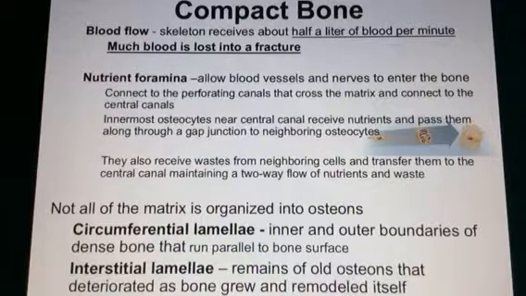The innermost osteocytes near that central canal receive the nutrients and then pass them along through gap junctions to the neighboring cells. They also receive waste from the neighboring cells and transfer it to the central canal, which keeps a two-way flow of nutrients and waste throughout the bone.